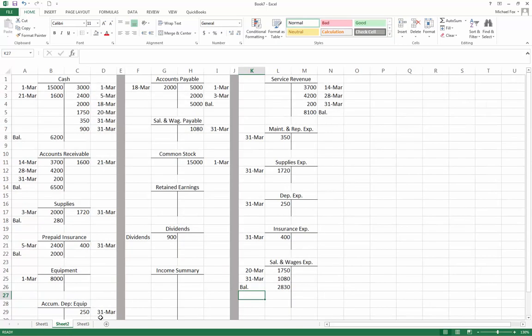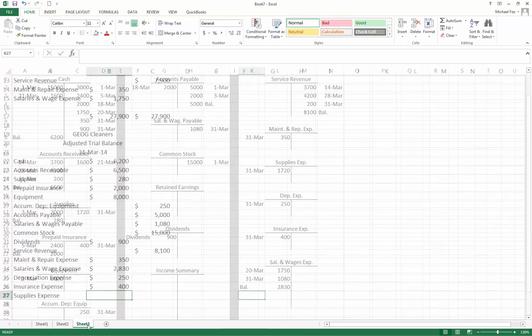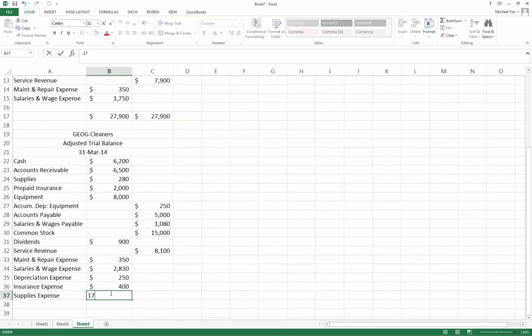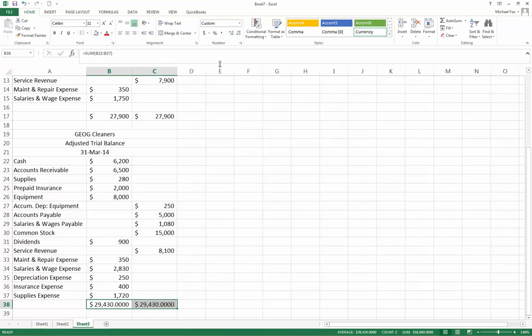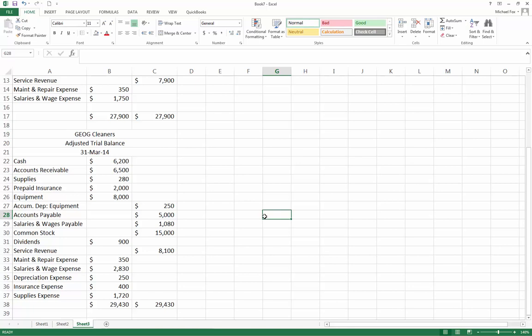And supplies expense $1,720. That should be our adjusted trial balance. We will add them all up and make sure it balances. And if it doesn't, then we'll know we've got a problem. $29,430. All right, so we balance. So there's our adjusted trial balance.